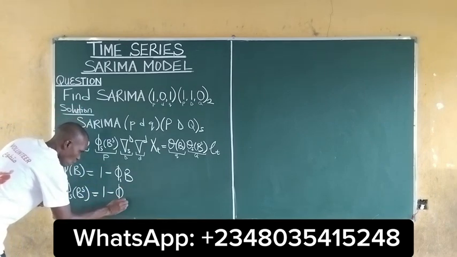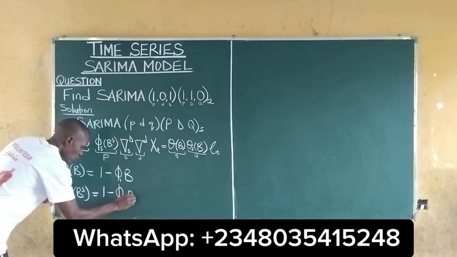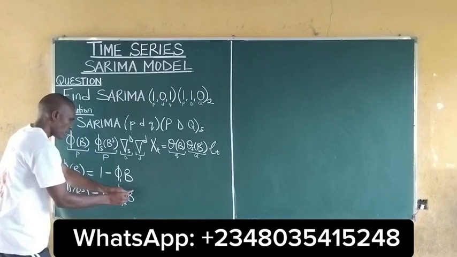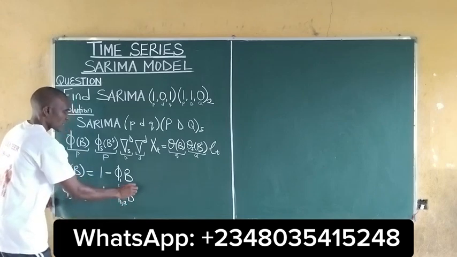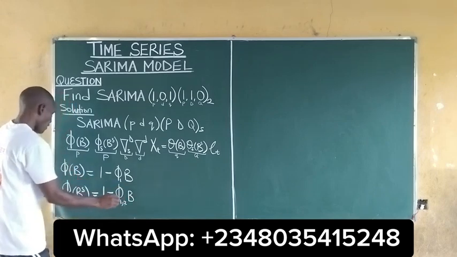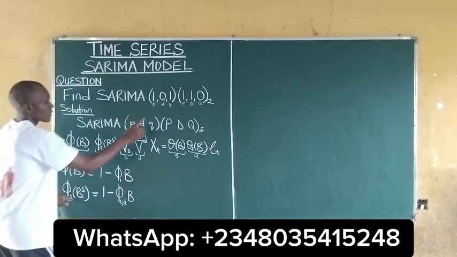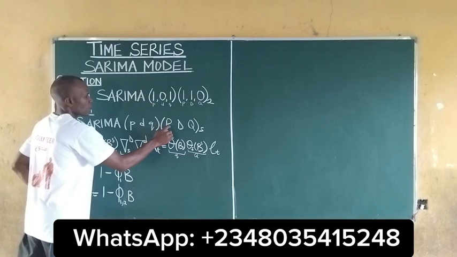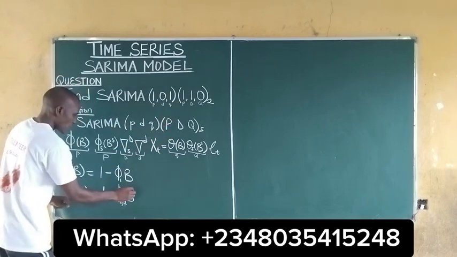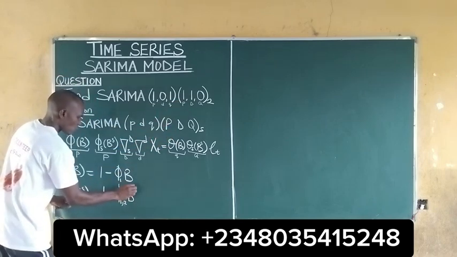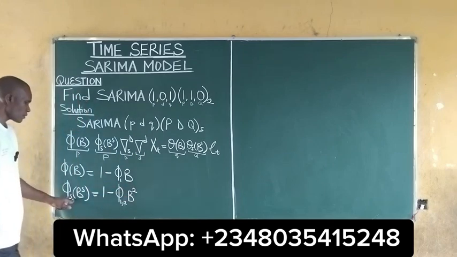So we write B squared, since the big P is just 1, and we write our s value here, which is just 2.